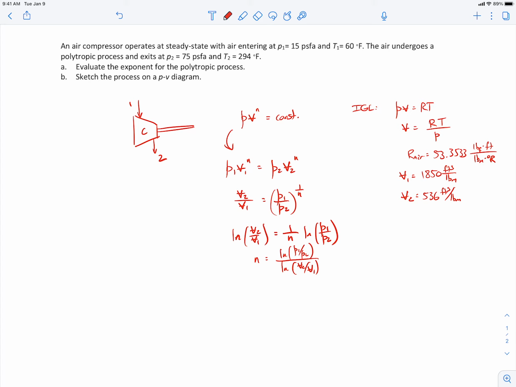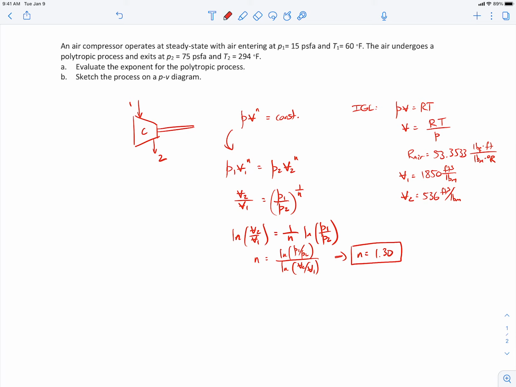That's how you would find n, and if you do that calculation, you'll get that n comes out to be 1.30. So that's a way you can determine that value for n. It's just making use of the polytropic process relation, the ideal gas law, and this little math trick to convert it into natural logs so you can isolate the n.